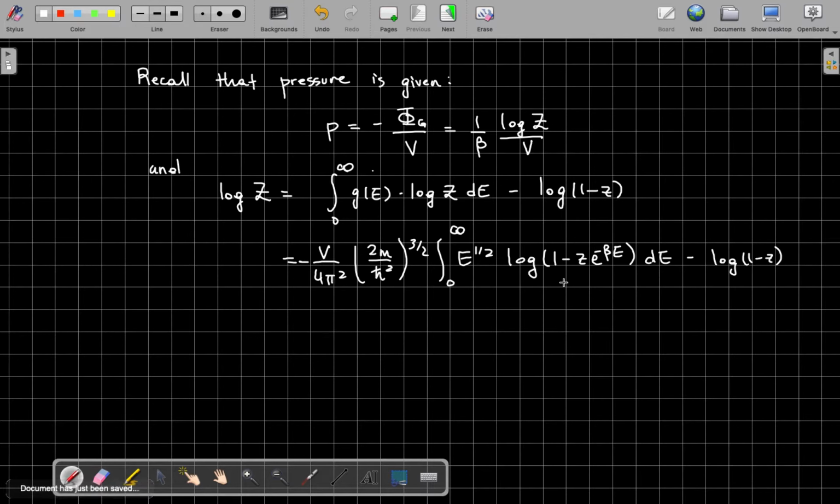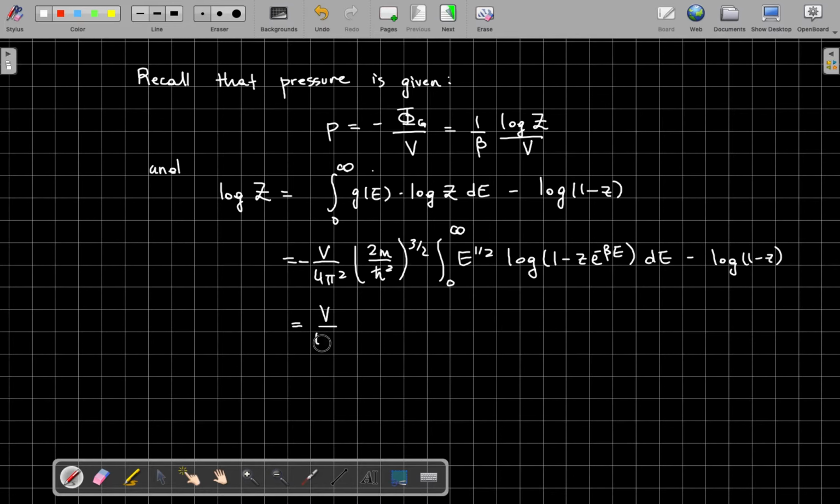Now this can be integrated by parts, and what you're going to find is the boundary terms are going to vanish, because the 0 is going to vanish due to the E, while the infinity term is going to vanish due to the e to the minus beta E term. So the end result is that we only get the integral, which is going to come with a minus sign that cancels out with this minus sign.